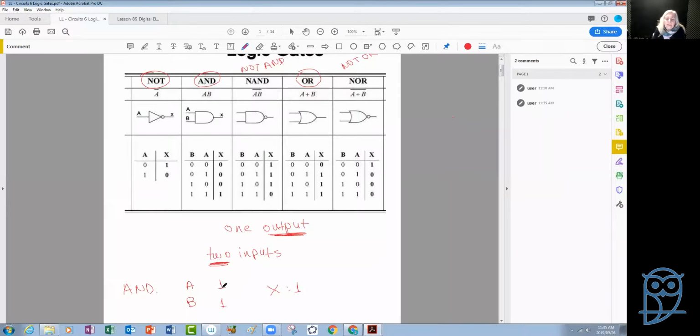So both the input A and the input B must be 1 for the output to give us a signal of 1.